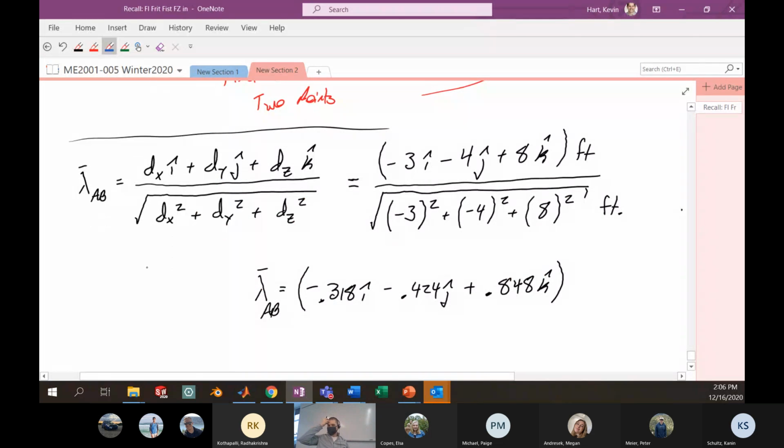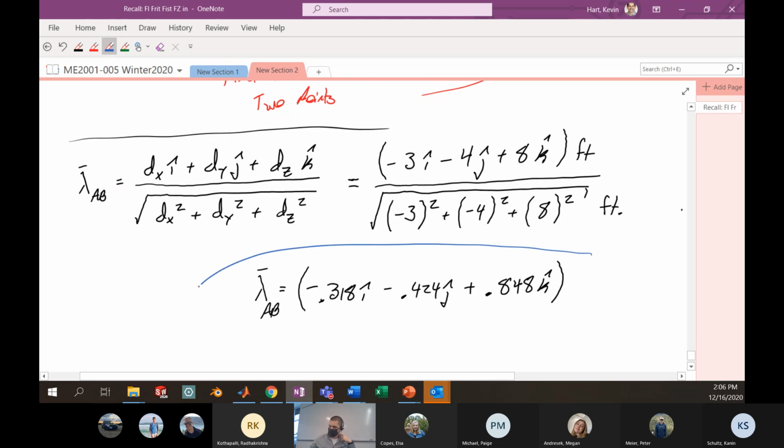To create these unit vectors, we talked about this last time. The unit vector between 2 points, we can use the geometry of the problem to create. It is the distance vector between 2 points of interest normalized by the total distance between those 2 points. That will give me a unit vector of magnitude 1 in the direction of that particular force.